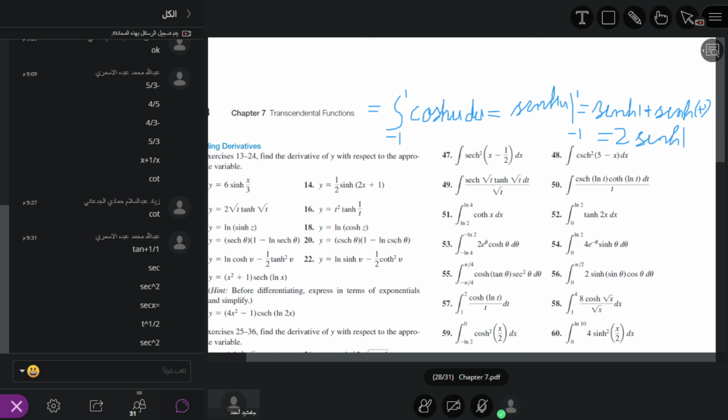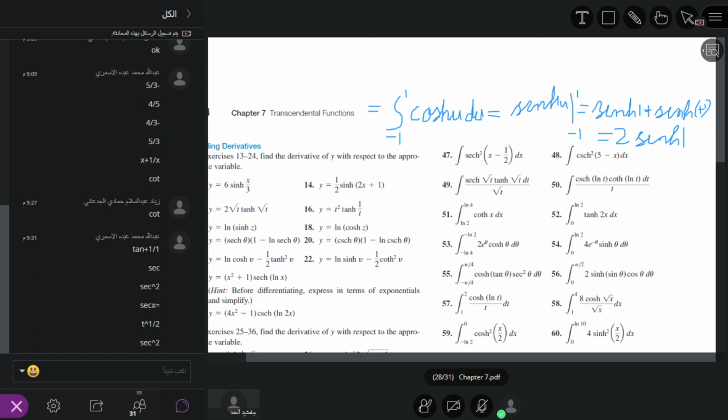This is our answer. I again repeat this question. So here you can see we have cosine hyperbolic of tan theta times sec square theta d theta, and the limit is from minus pi by 4 to pi by 4.